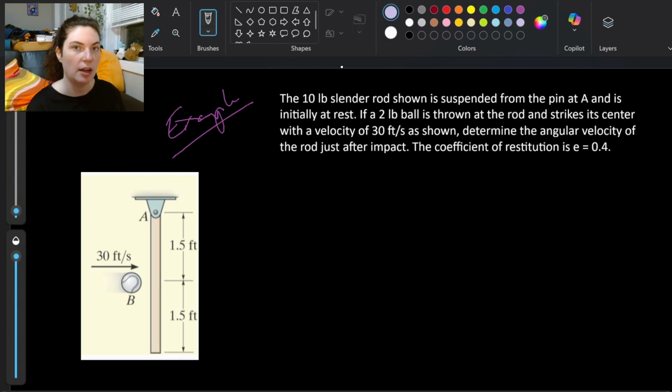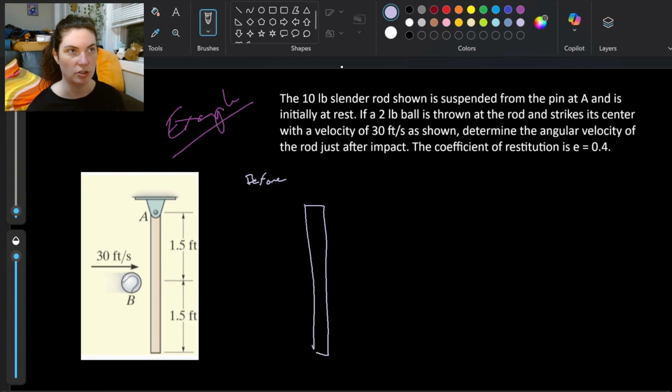So let's break it down and look at the before and after. If we draw a kinematic diagram for the before, we have a rod that is just hanging out here in space, just at rest, nothing really going on with it, until this baseball comes along. The before is just before impact, he's right about to touch it.